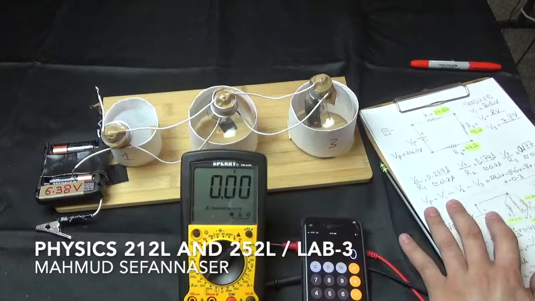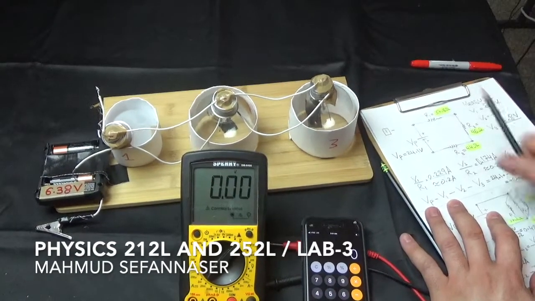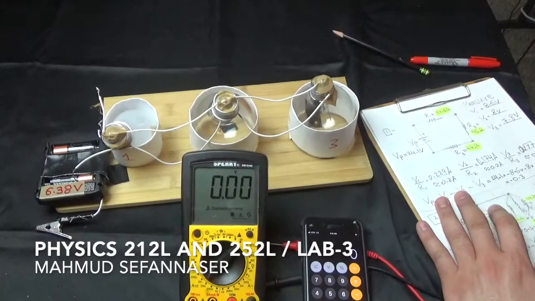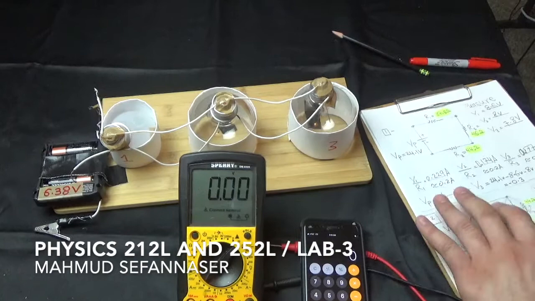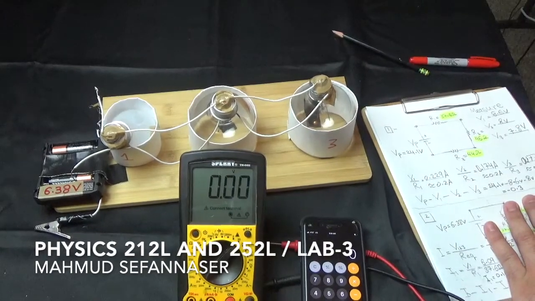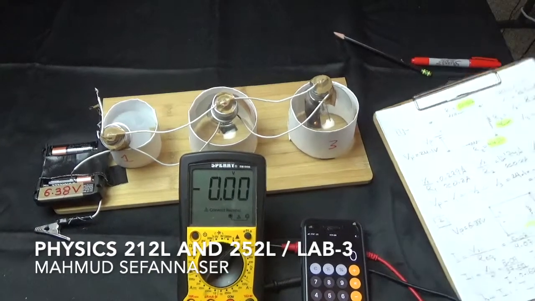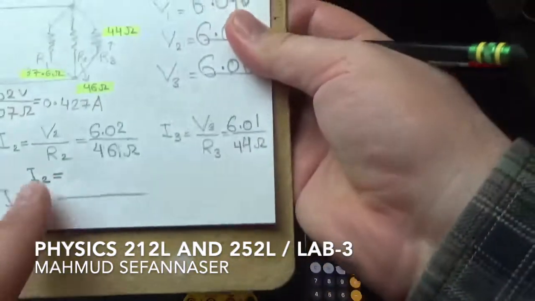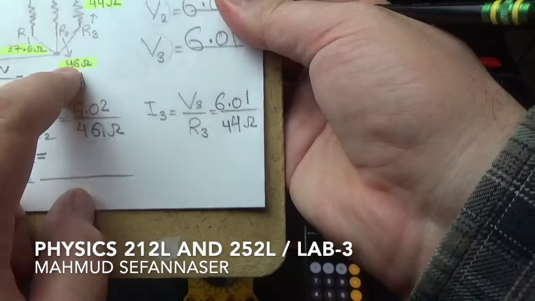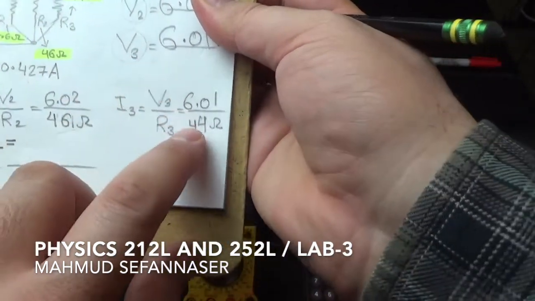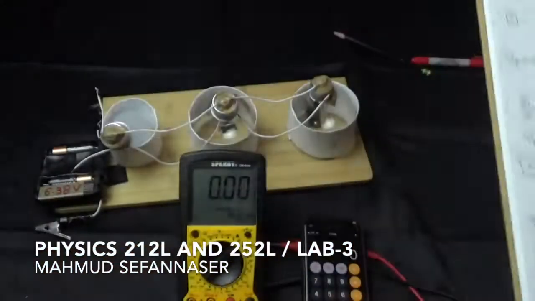I will erase 44 here, so that's wrong. Here we need to have 46 ohm, and with R3 we need to have 44. Yeah, so this is the correction that I did. So R2 is 46, you can see that, and R3 is 44.